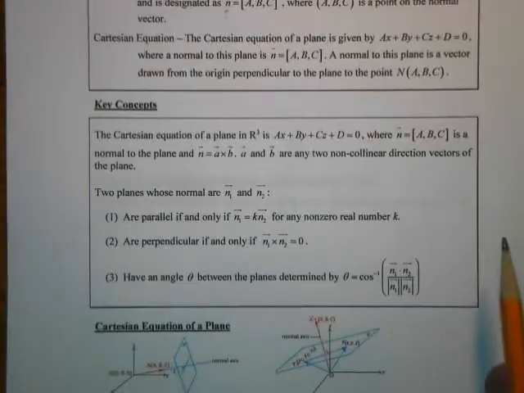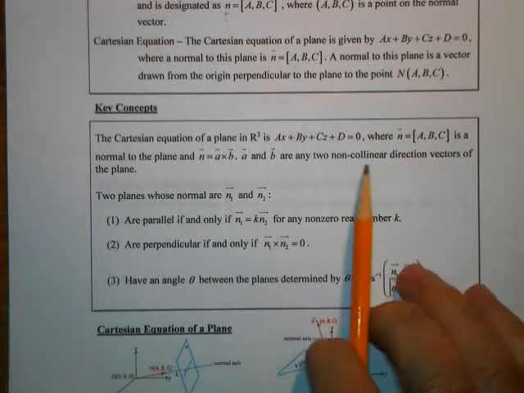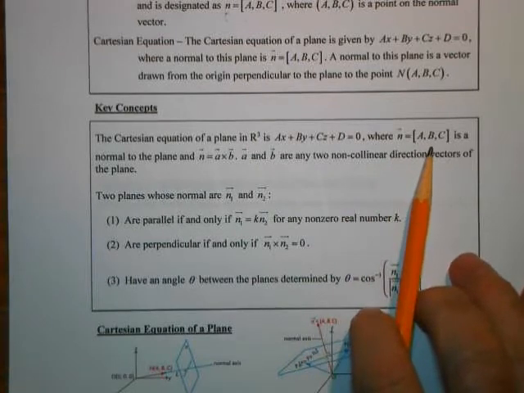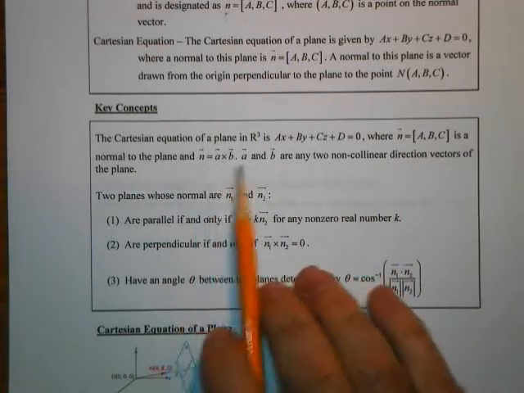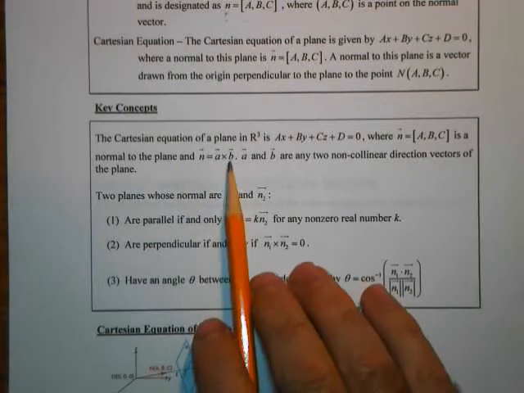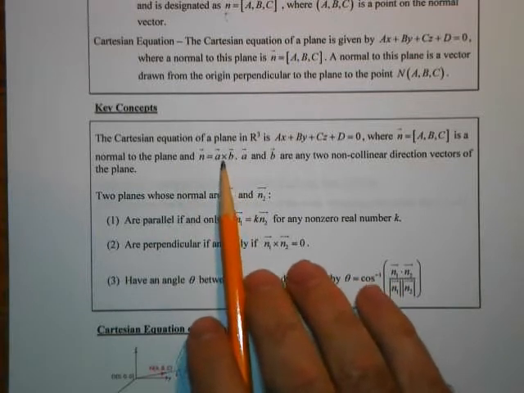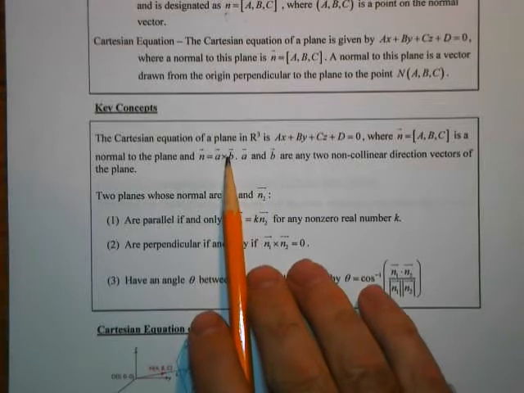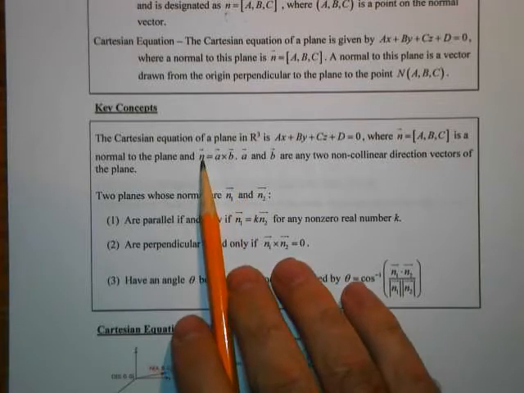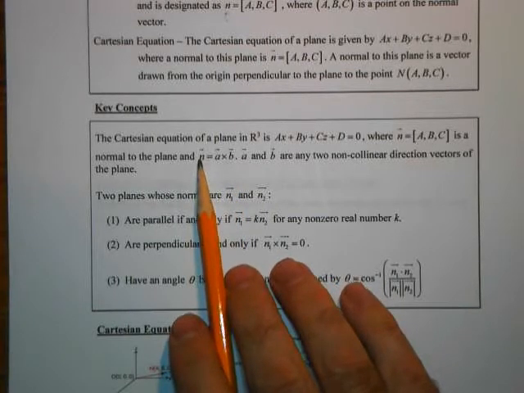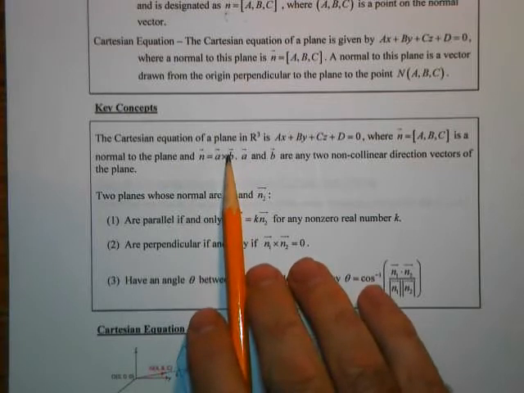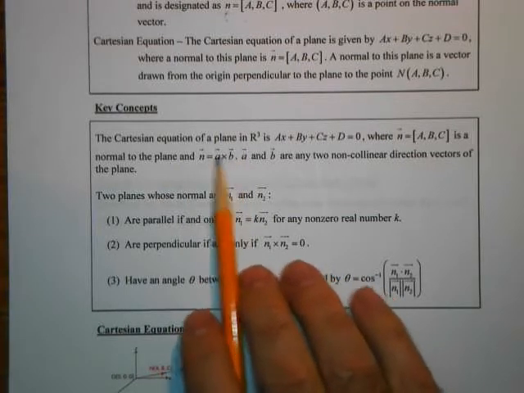There are a couple of other concepts here, nothing earth-shattering. If you have the two direction vectors of a plane, A and B, you'll do the cross product of those, and that will give you the normal to the plane, because the cross product will always give you a vector that's perpendicular to both of these.